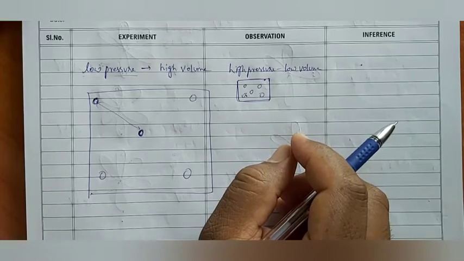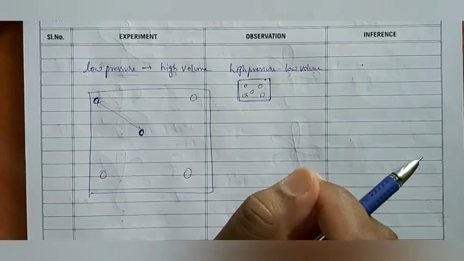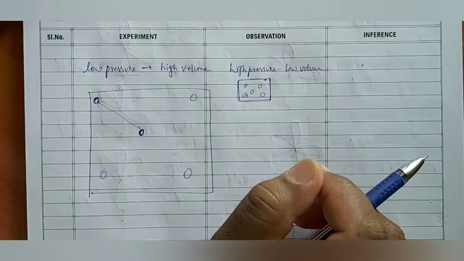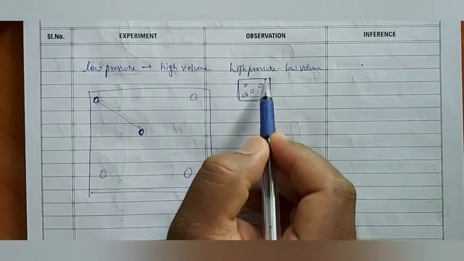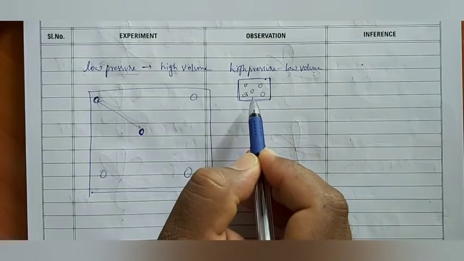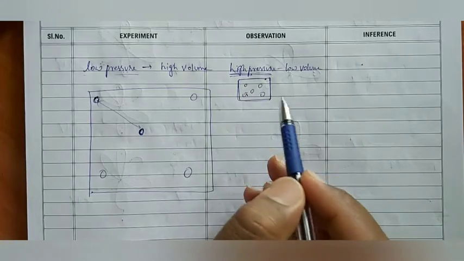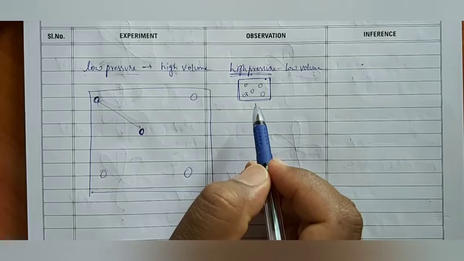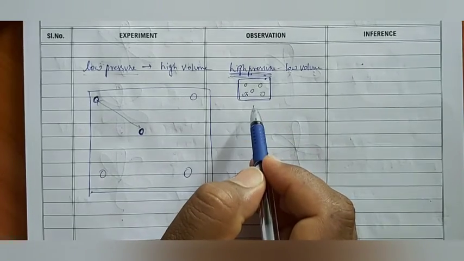When the attractions are strong, the deviation from idealness is more, because that is the main point. In ideal gas behavior, there should not be any attraction between the molecules. In the condition of real gases, when the volume of the vessel is very small or it is at high pressure, attractions play a very important role in which they deviate from ideal gas. That's why at high pressure they deviate from ideal gas.